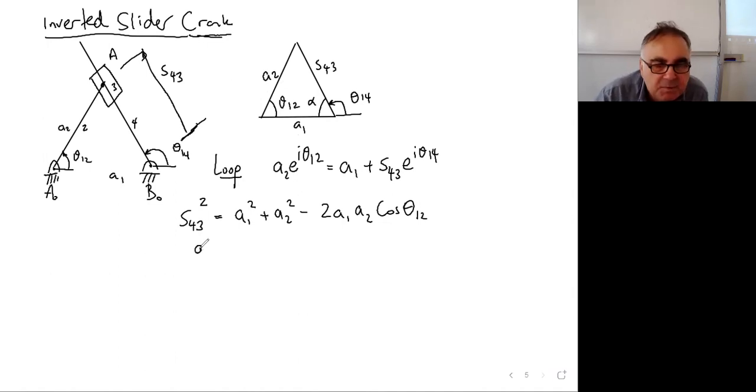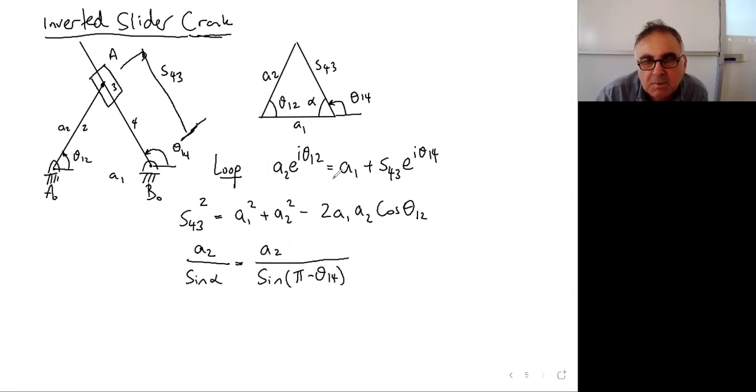Say, for example, A2 over sine alpha, which is A2 over sine of pi minus theta 1,4, because it's the complement of this angle, is equal to S43, which we have found before, divided by sine theta 1,2.